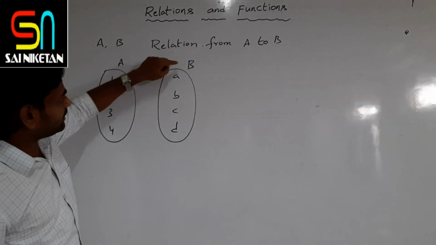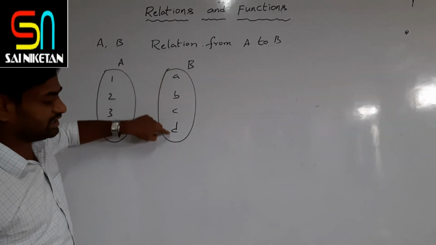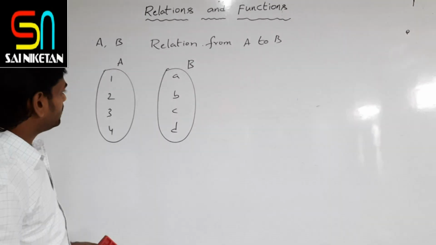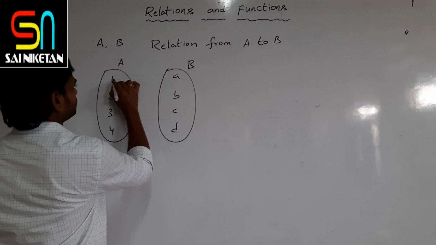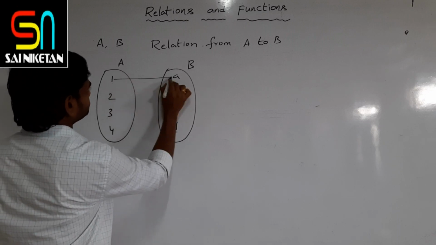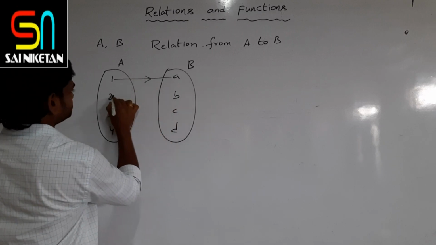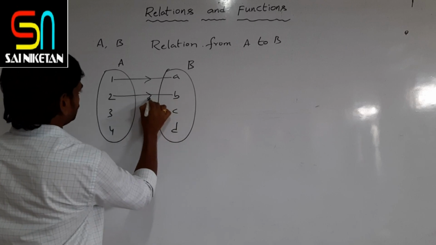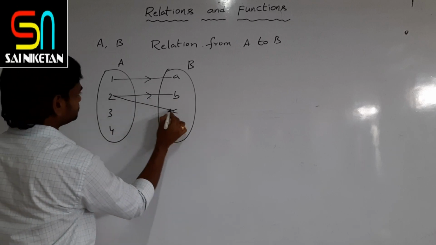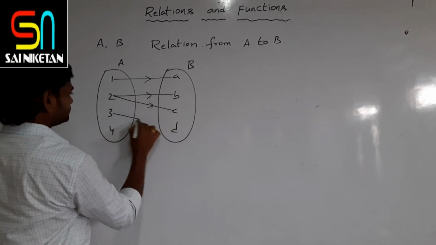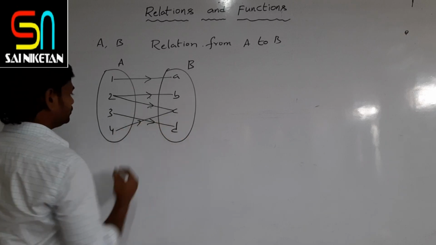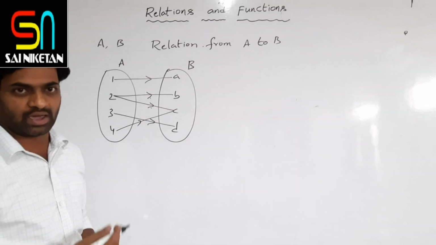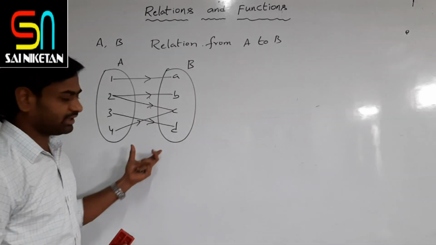In the set B, I am taking the elements A, B, C, D, four elements. Now suppose I am taking the relation or mapping 1 to A, 2 to B, 2 to C, 3 to D, 4 to C. You can take any mapping. I took this mapping.